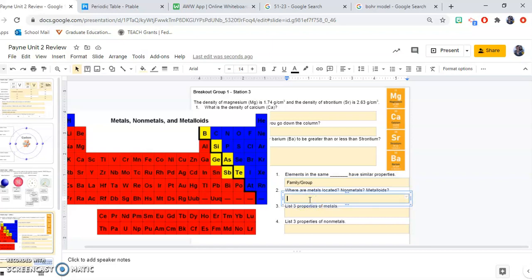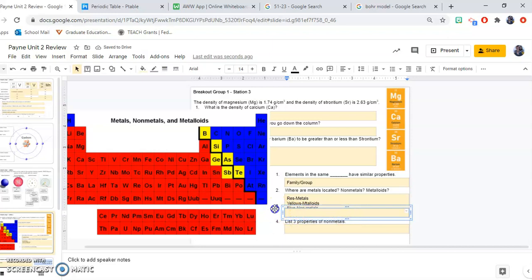Where are metals located? Nonmetals and metalloids. Well, we should know this, right? Red, that's going to be our metals. Yellow, that's going to be our metalloids. And then finally, we have our nonmetals, which is where oxygen's going to be, nitrogen, things we know are gases, right? Blue, helium, nonmetals.